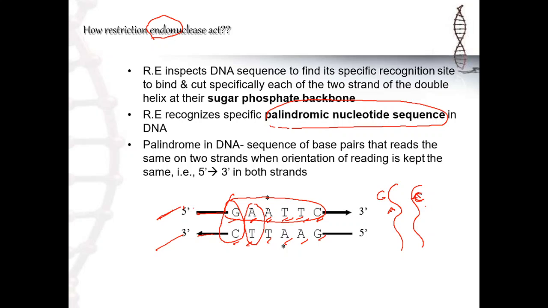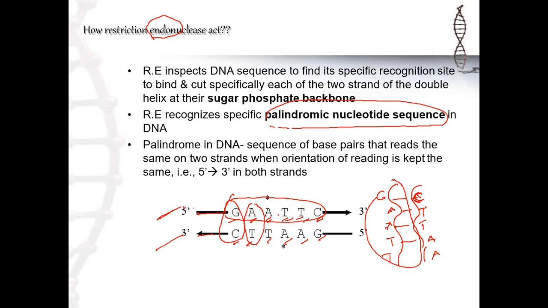Pag G, C ang partner. Pag A, T ang partner. So, T na naman, then A. Then another T and A. This is the strand, no?